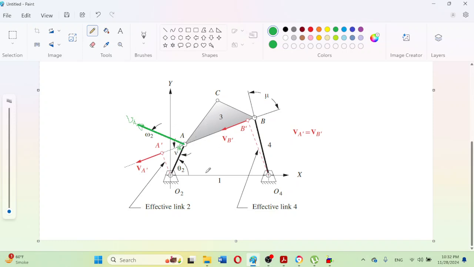And as we can observe here, the angle of the crank with the horizontal is O2.